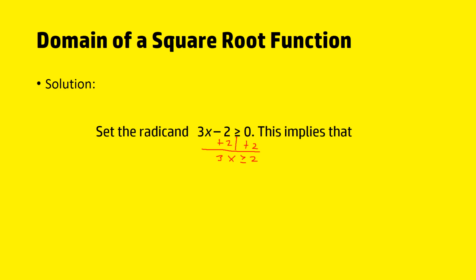Divide both sides by 3, and x is greater than or equal to 2/3. And so in interval notation, our domain is the closed interval, because we're talking about all the numbers that are greater than or equal to 2/3. So everything at or to the right of 2/3.